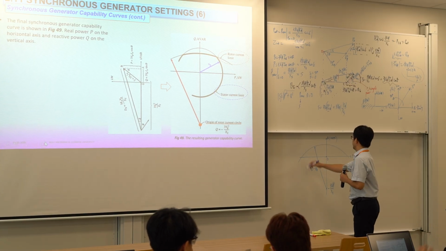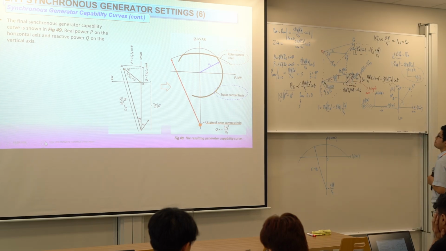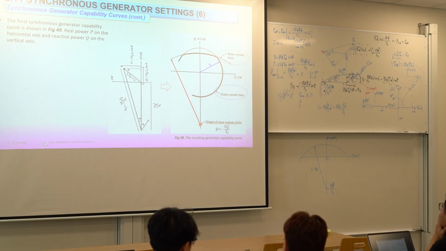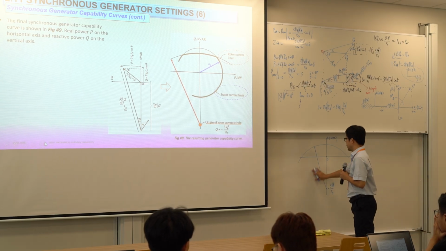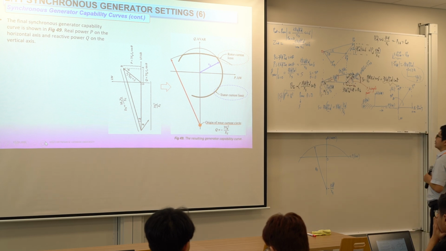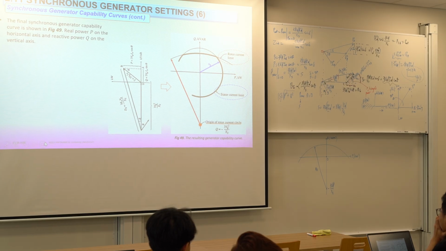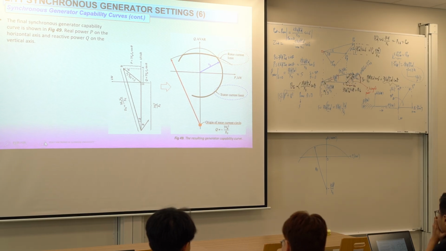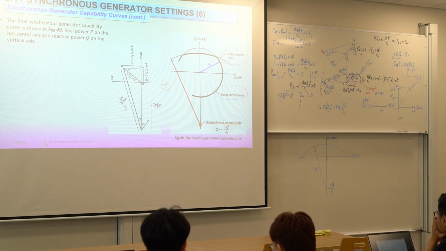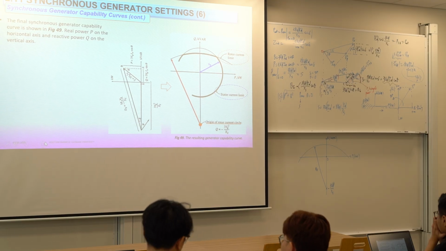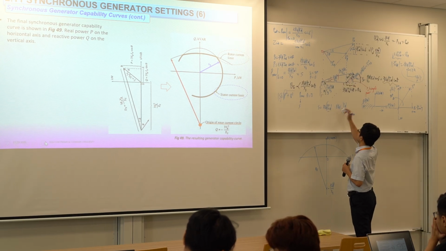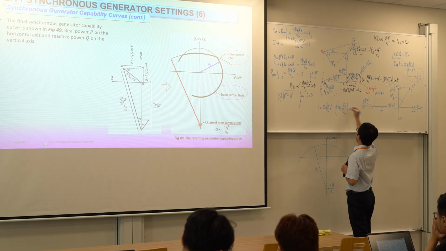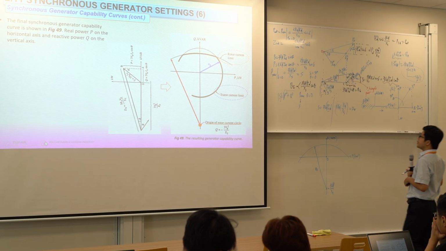This is the radius of this circle. This one is not S. This one is wrong. This one is DA. Sorry, this one is DA. Yeah, my mistake, DA.